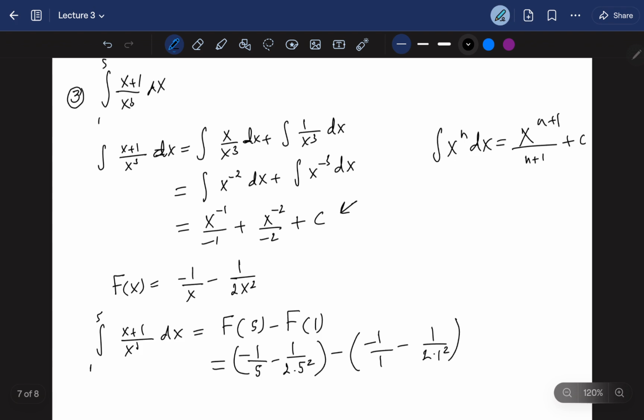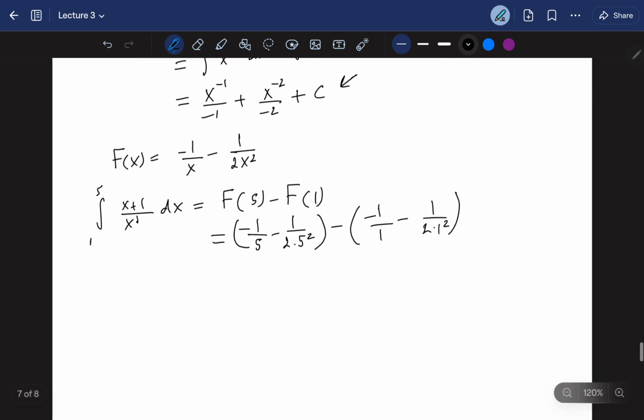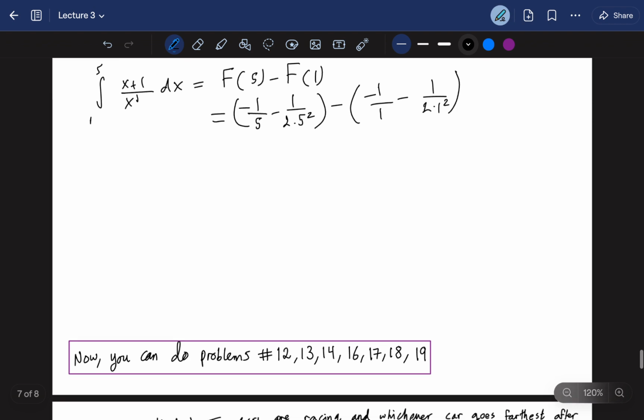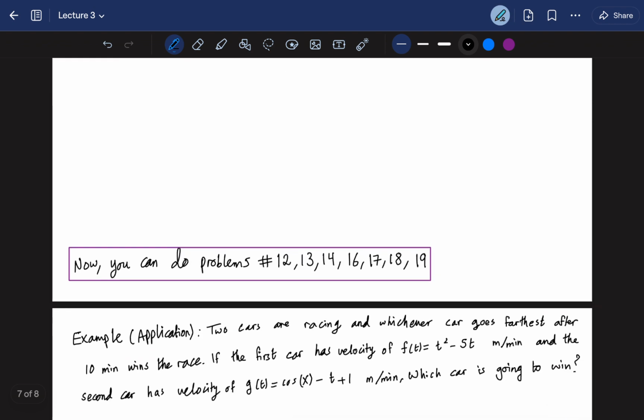And you evaluate, and that's it. Okay. So technically these are the main ideas that we need to cover in this section. You can do these problems in homework 1.